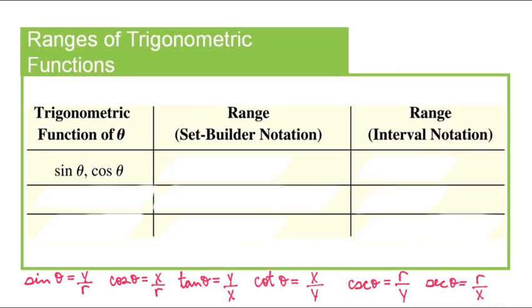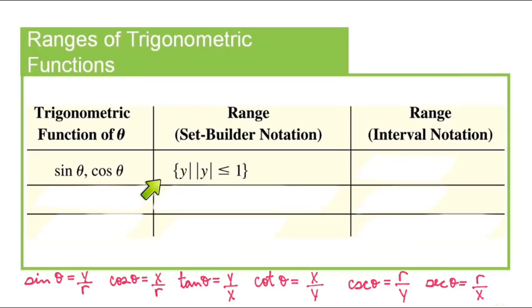In set builder notation, we could write that like this. Now they're going to use the letter y to stand for the function value. I don't want you to get that confused with this y, which was the vertical side of our right triangle, but this is a function value.